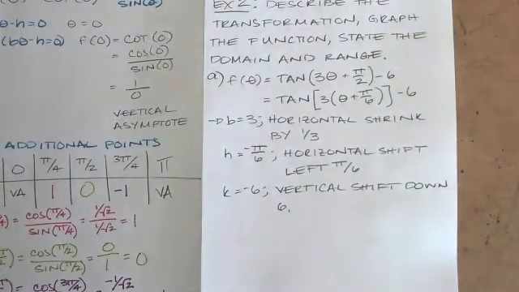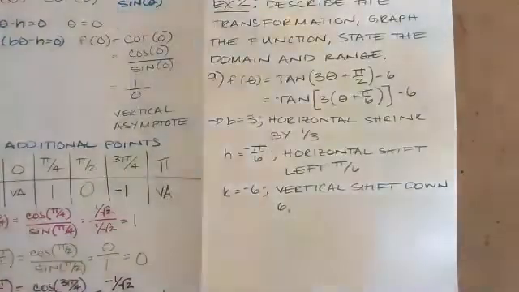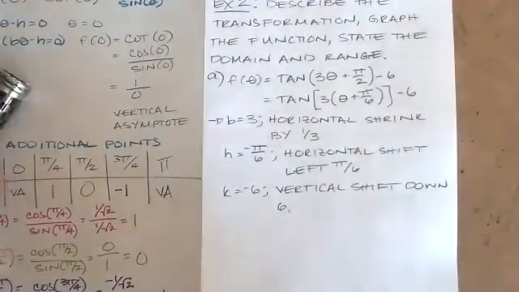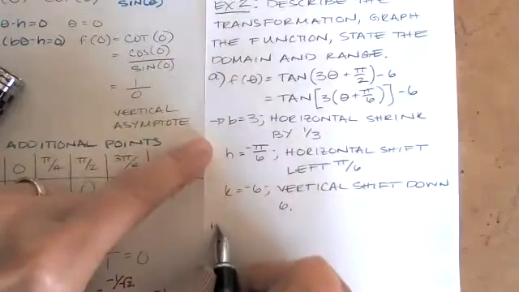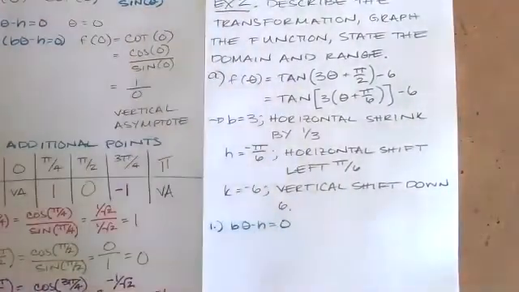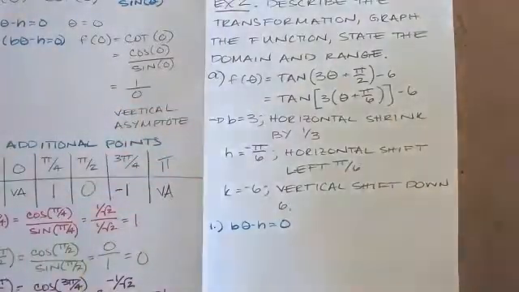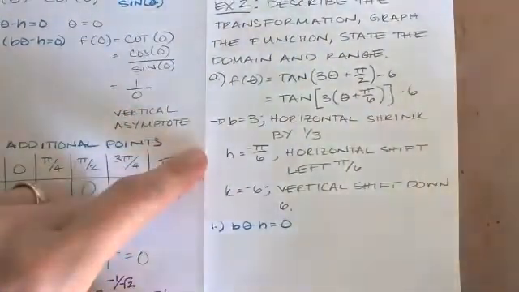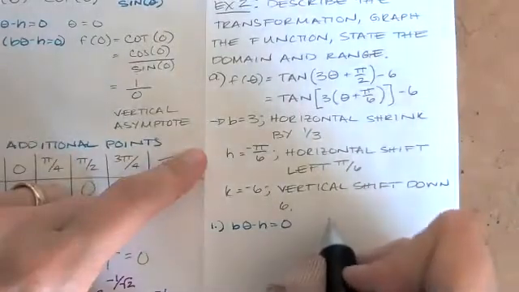Okay, so our next step, we have to figure out how to graph it. The first thing that we will do, we'll set b theta minus h equal to 0, as always. This step confirms what we said about the horizontal shifts and transformations in our description.